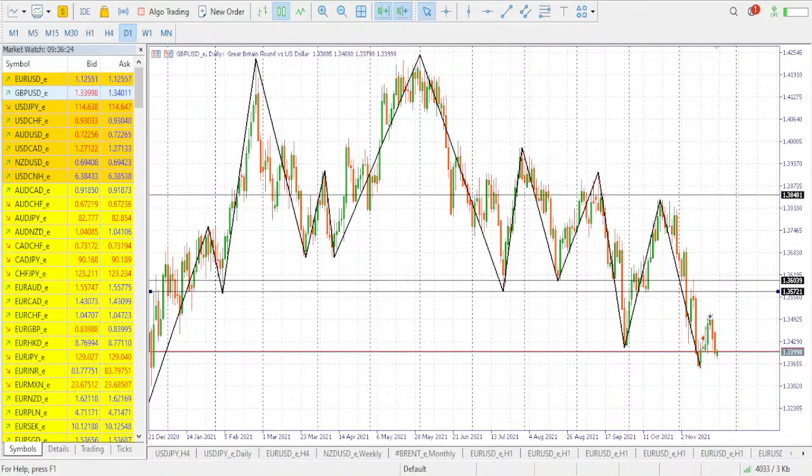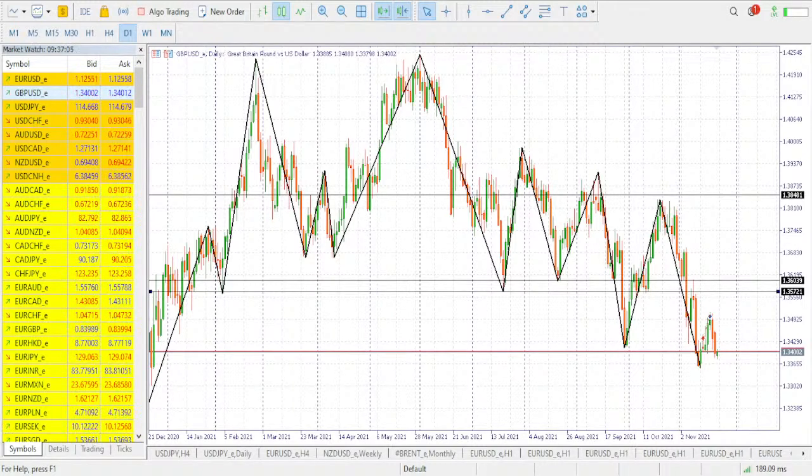So you'll pick a sell position when the price pulls back up to that resistance level. As I was saying, that will give us the correct place to look for a sell from.